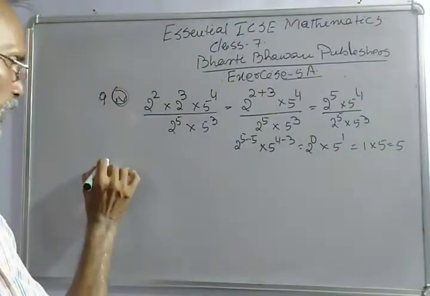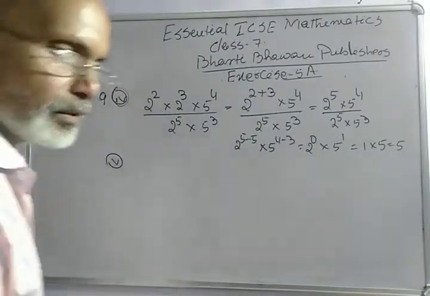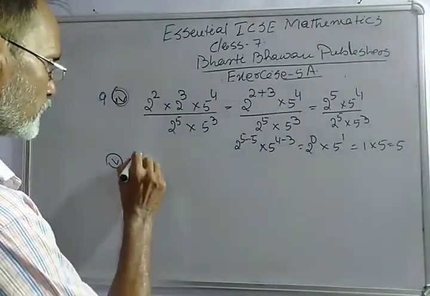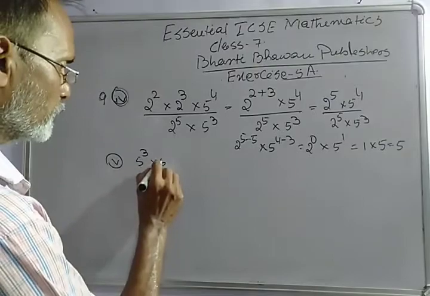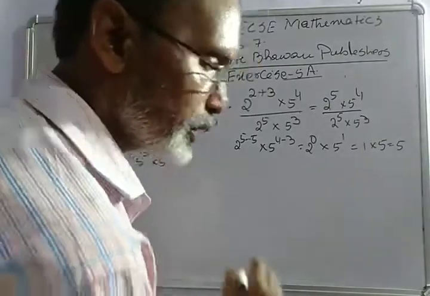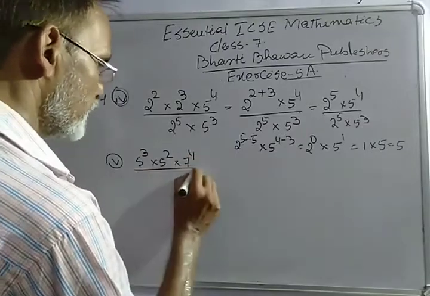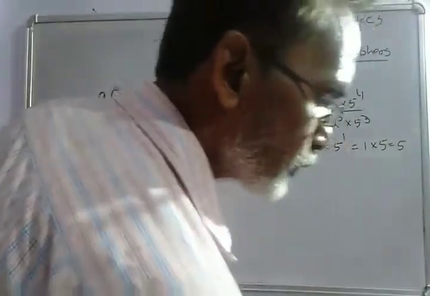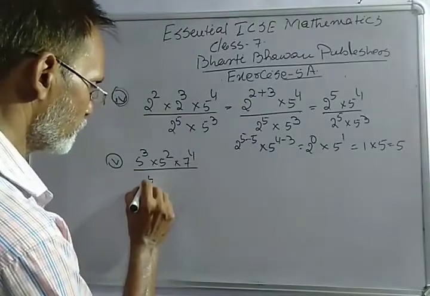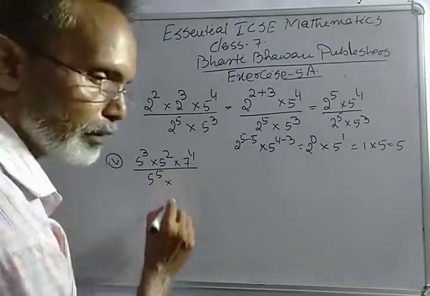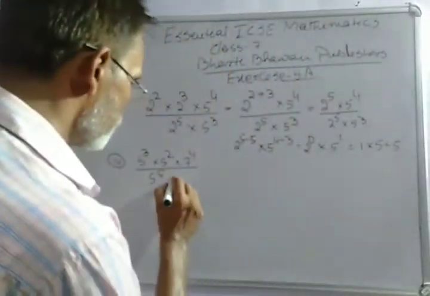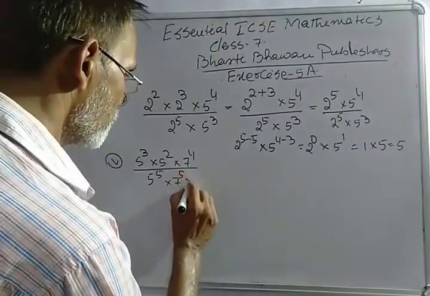Number 9, bit 5. 5 to the power 3 into 5 to the power 2 into 7 to the power 4 by 5 to the power 5 into 7 to the power 5 into 7.